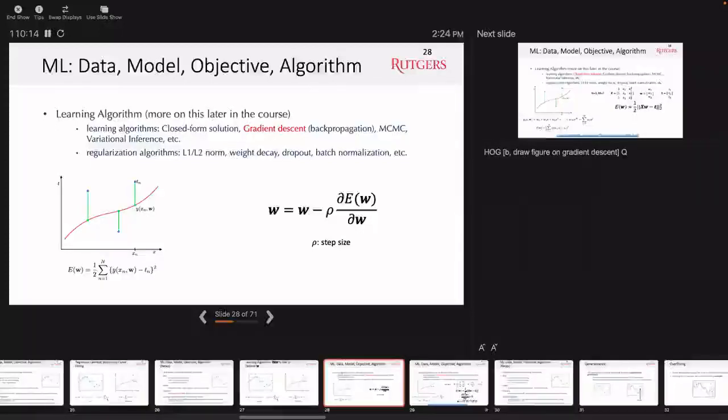With a proper step size, you can move W along this direction, and hopefully you end up here. This is already a lot smaller than the original objective function. So this is gradient descent, and you keep doing that until you get a good point. Usually you end up in a local minimum.